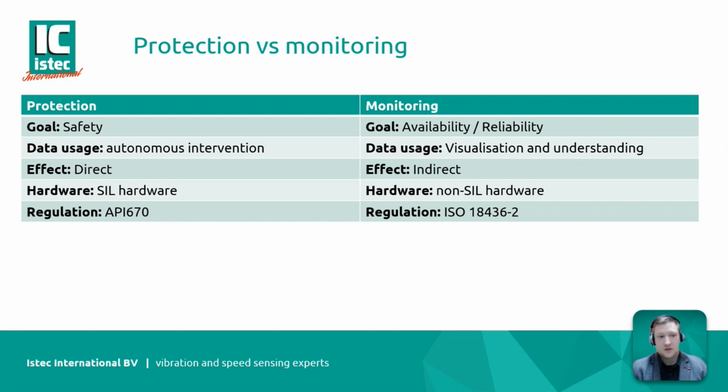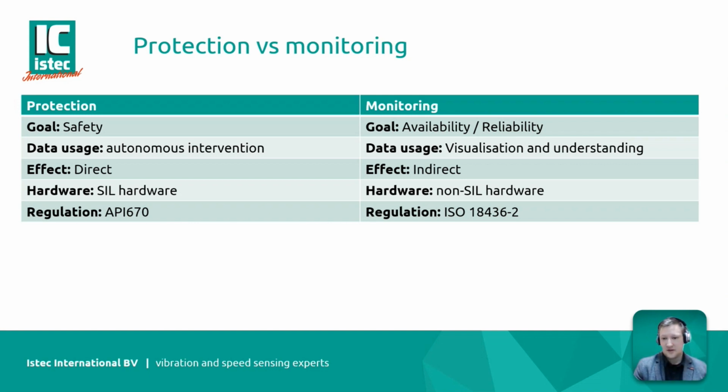They use it differently. Data usage in a protection system is autonomous. We define thresholds, and when the levels exceed them, the machine will be shut down, to prevent the levels from increasing even further and causing severe damage. With monitoring, sometimes even the same data is just used for visualization and to understand how my levels change over time.